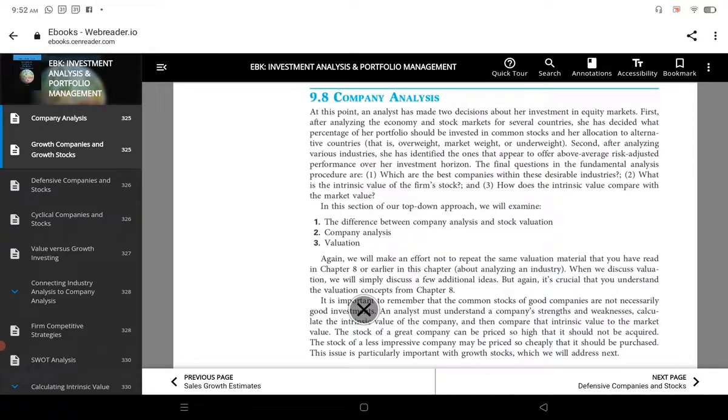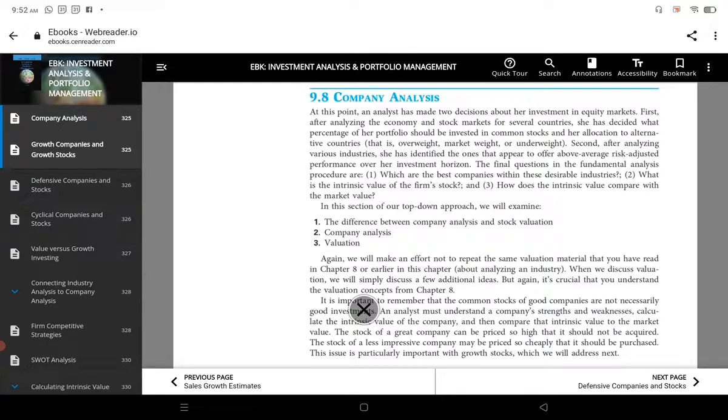So we are in topic 5. For today we are going to discuss the continuation of topic 5, the part on company analysis.